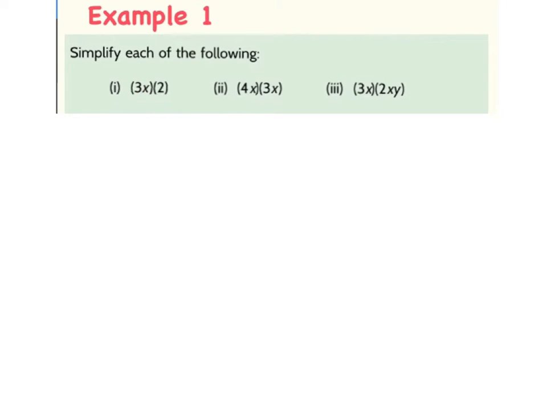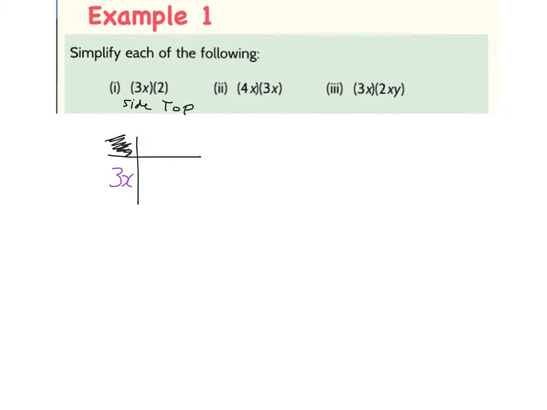And we're going to do this using box multiplication methods. So I'm going to draw a little box and I'm going to colour in this top section here. And along the 3x, underneath it, I'm going to write side. And underneath the 2, I'm going to write top. So along the side here, I'm now going to write 3x.